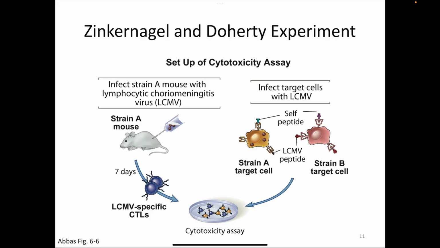And one would be strain A cells that were infected with a different virus, so perhaps influenza infected strain A cells. So these are our different types of targets.